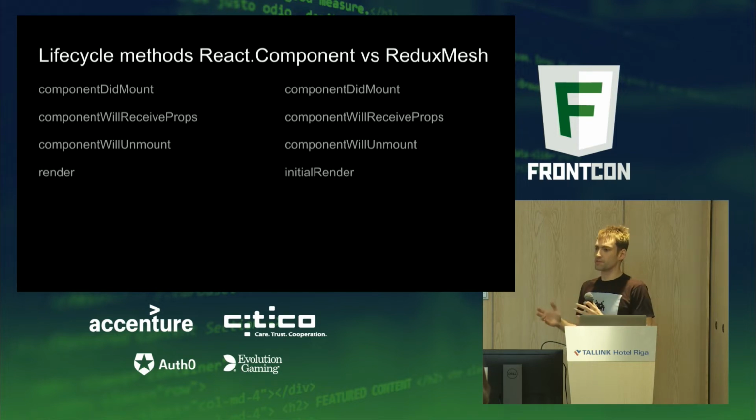If this is a card, we create a model of a card in an imperative way in the initial render method. And once properties of the object change with Redux, like map state to props, you all know that probably, then we react in an imperative way. So if we see that a card should be moved based on the state from one point to another, we see that in component will receive props, and we run the animation imperatively.